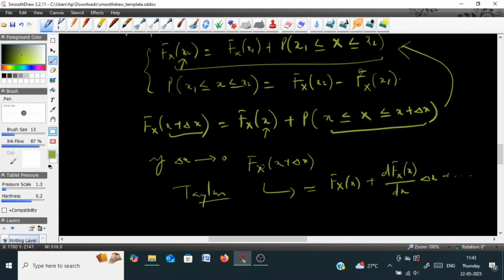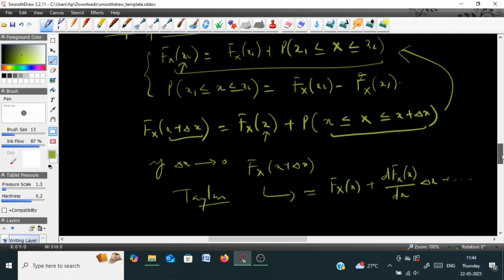Okay, so Taylor series basically expands a function in terms of its derivative at a particular point. Okay, so if delta x approaches 0, then if you compare these two equations, this derivative operator can be approximated by this value.